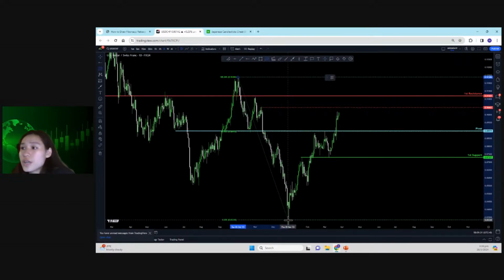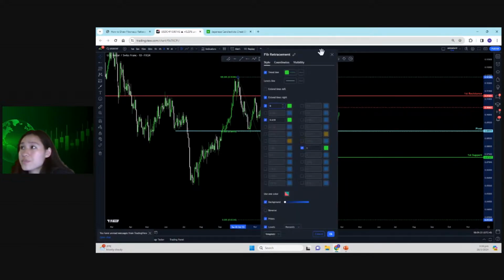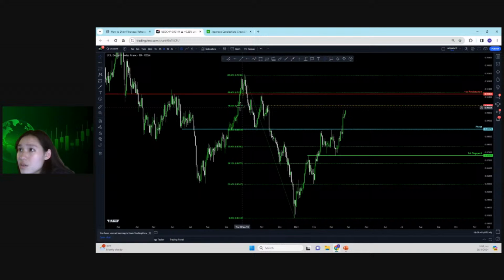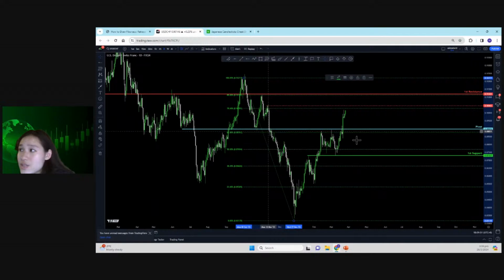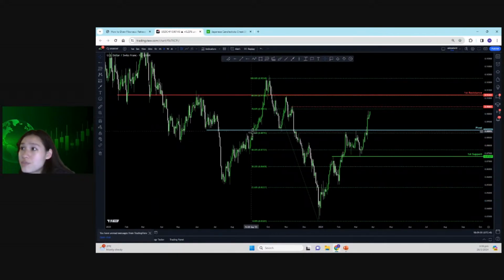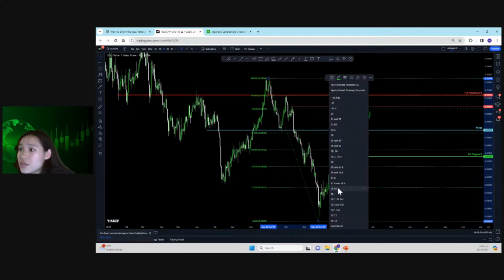Starting off with a retracement, you can see our 78.6 lines up with our intermediate level. Even though the 61.8 lines up with our pivot, we can't use it because price has already broken out of it. So over here, I'm just going to keep my 78.6.